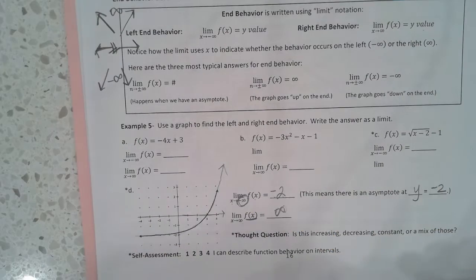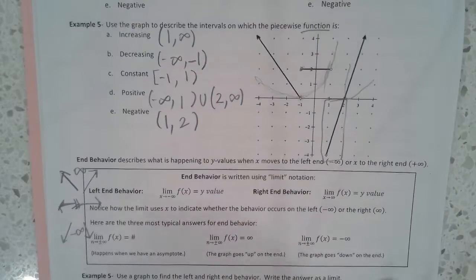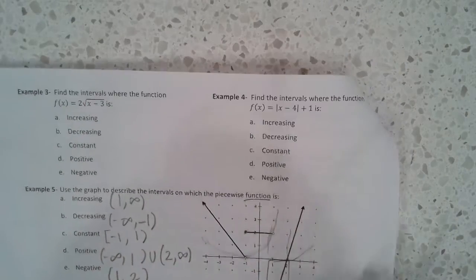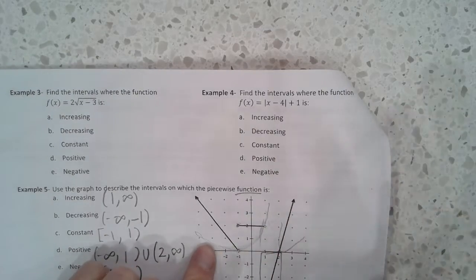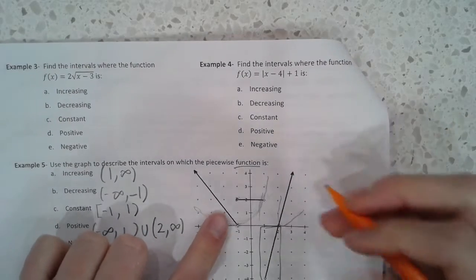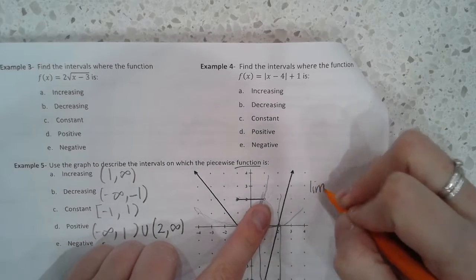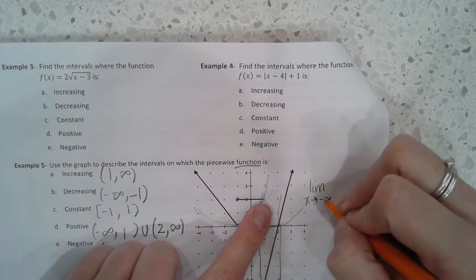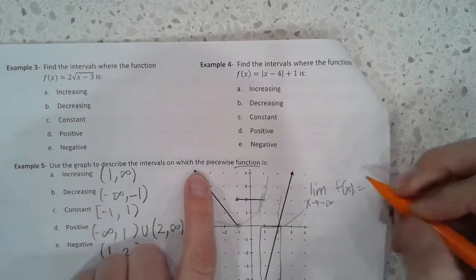All right, if we wanted to, just so that you could see, we could look at this graph here. And usually you would have a connection, but it's totally fine. You could say it here too. So you would say for this one, the limit as x approaches -infinity for the function f of x, since it's pointing up, would be positive infinity.